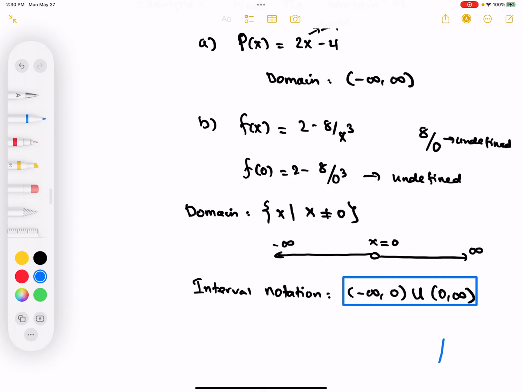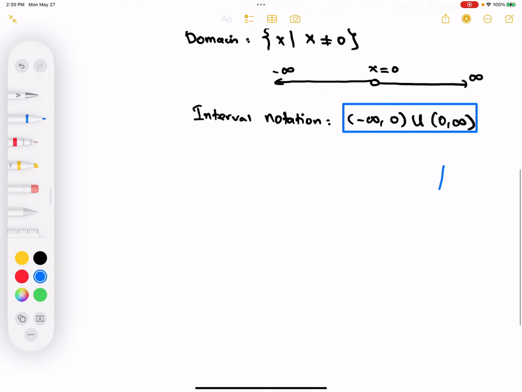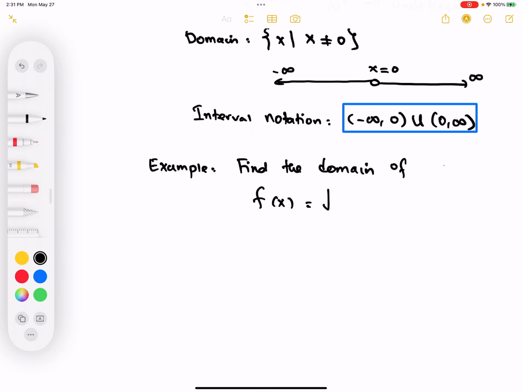So let's add more examples. Let's discuss this example. Find the domain of f of x is the square root of 5 minus x.